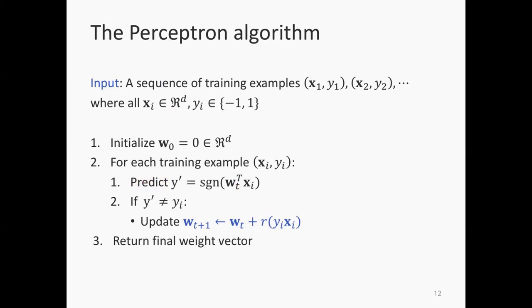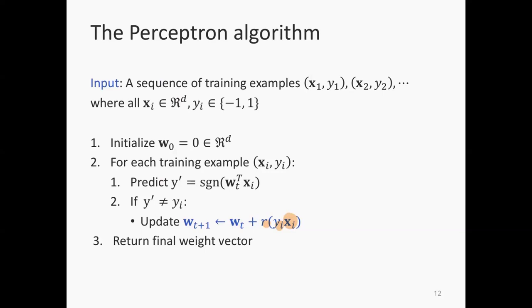There's a mistake. That means w_t, which is the only thing that this learning algorithm has in its memory, has to get updated to w_{t+1}. So w_{t+1} is nothing but the weights w_t plus x_i, the features, times y_i times some number r. r is called the learning rate.